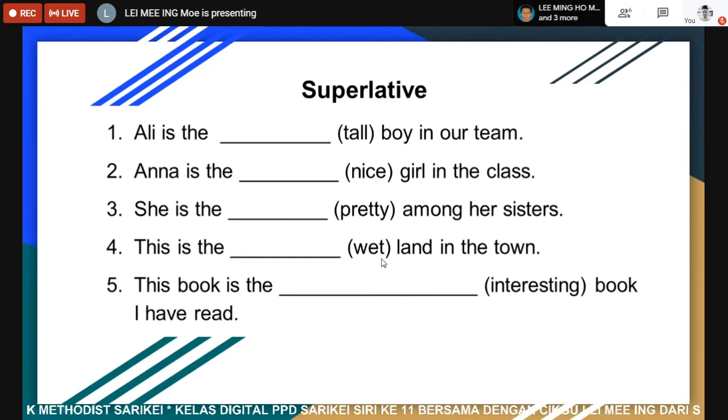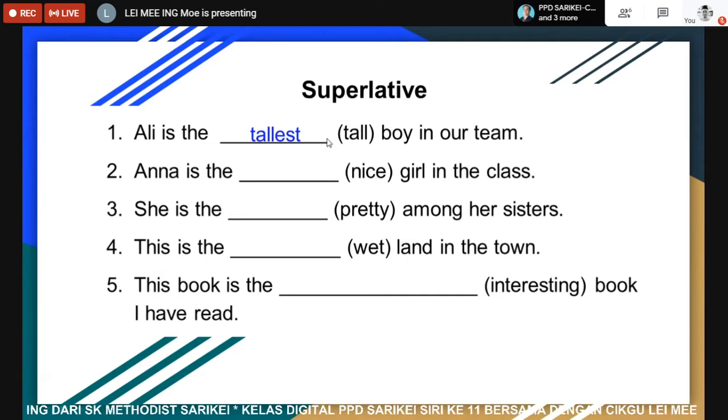Ali is the boy in our team. So can I see your answer please for question number 1? Some of you typed tallest. Is it tallest? All right, good. The answer is tallest.